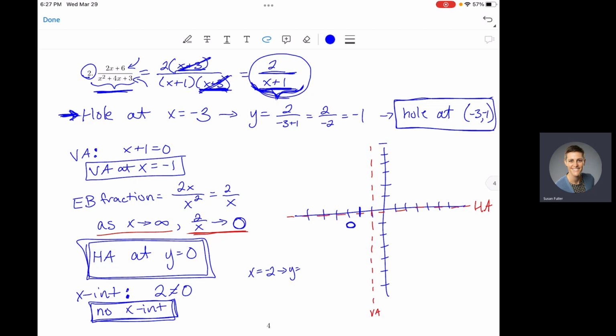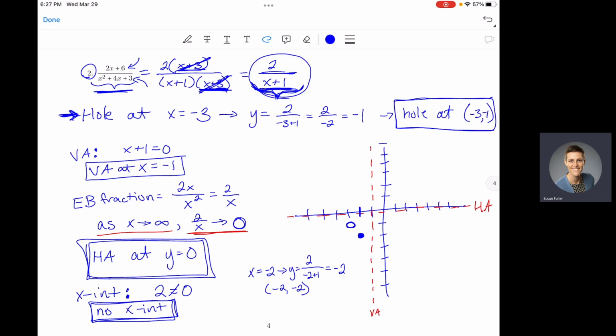So if x is -2, y is going to be 2 divided by -2 plus 1. That's 2 divided by -1, which is -2. So I have an ordered pair at -2, -2. Here's another point over here on the left.